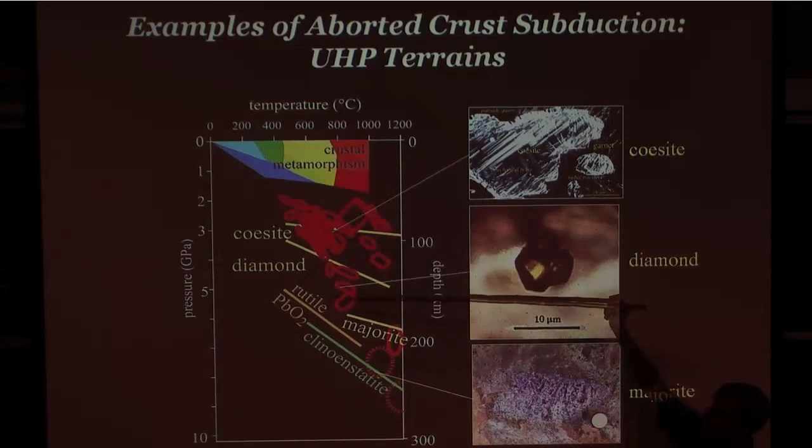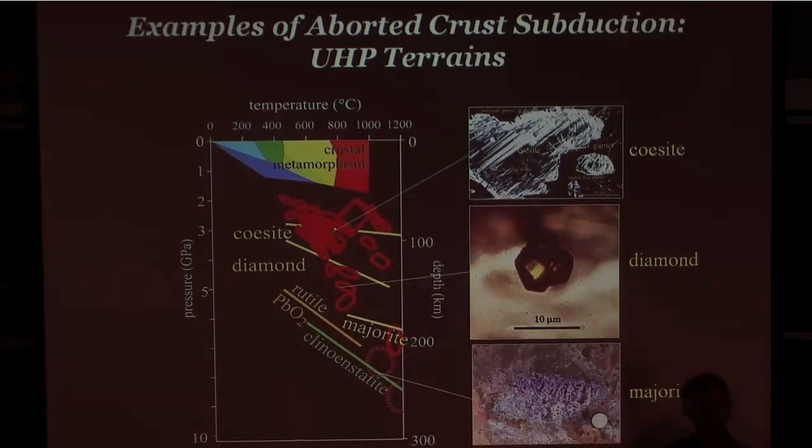A few came from greater depths, approaching 200 kilometers, and higher temperature. There are two really extraordinary examples, one in Kazakhstan and the other in the Bohemian Massif in the Czech Republic and Austria, where the rocks clearly got to temperatures of 1,000 degrees centigrade at pressures of at least 4 GPa, maybe 5 GPa. So they're very like those xenoliths I just showed you, except a bit deeper.